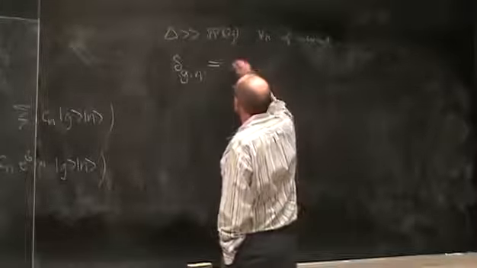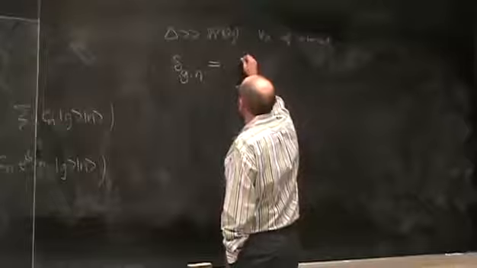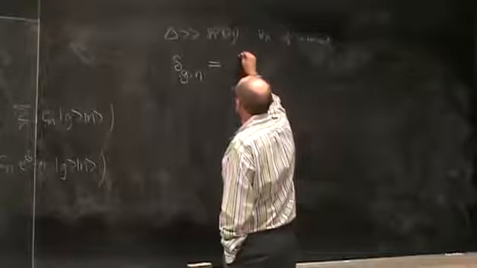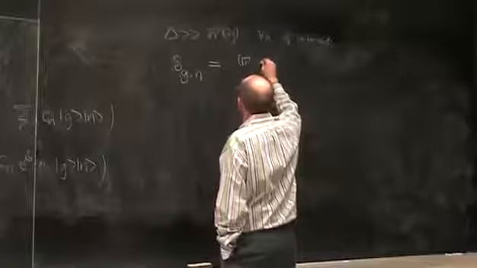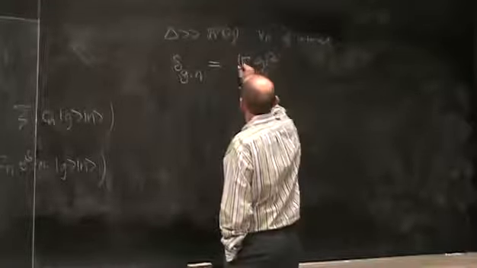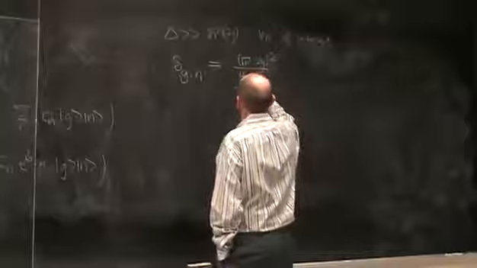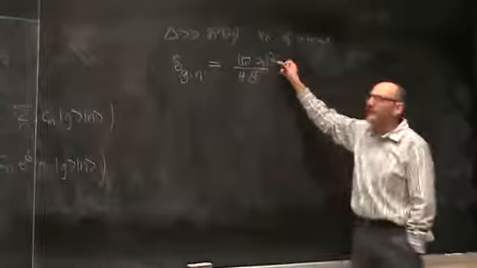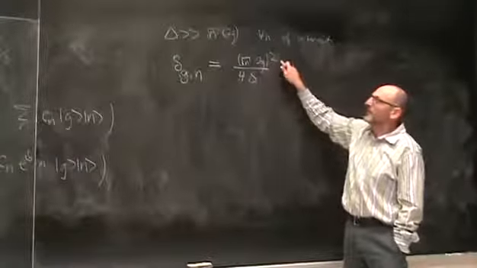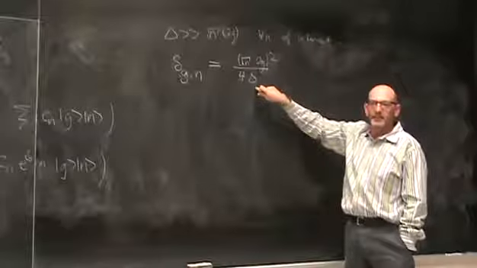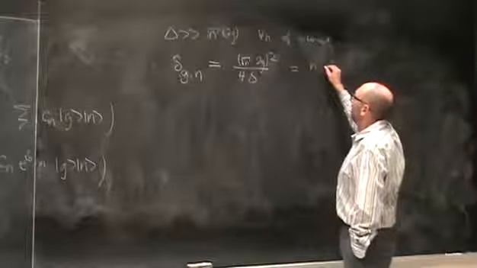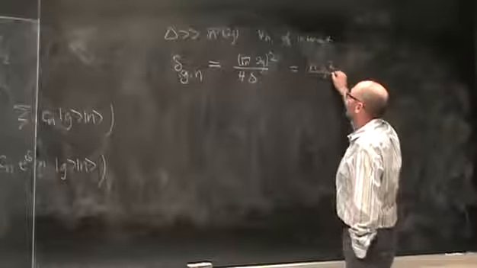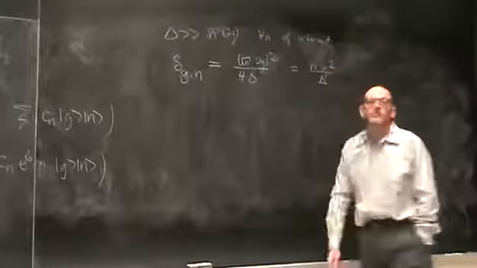Then this is equal to the light shift, which is square root of n 2g squared over 4 delta. That's like omega squared over 4 delta, the light shift, right? Which is n g squared over delta.